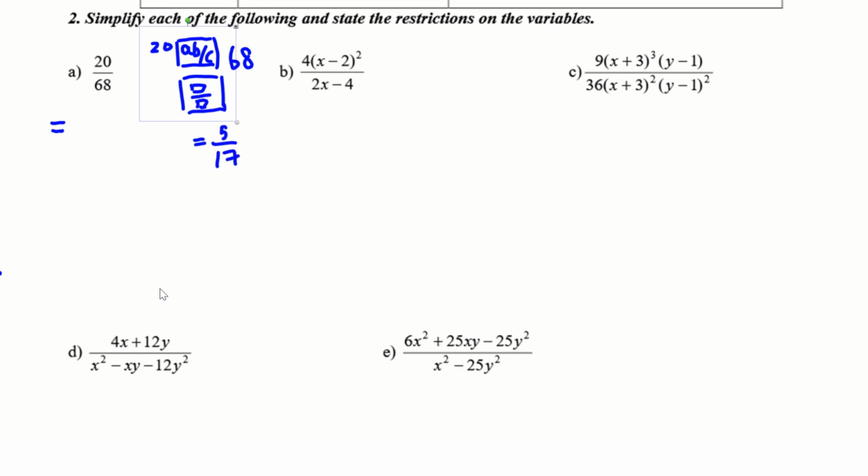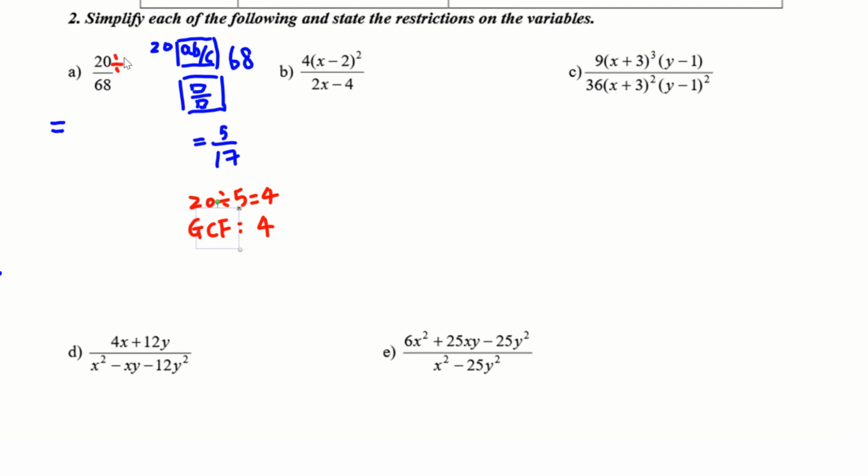What this means is both numbers have a common factor: 20 divided by 4 gives you 5, and this is the greatest common factor. Simplifying means you need to cancel the greatest common factor from the numerator and denominator.